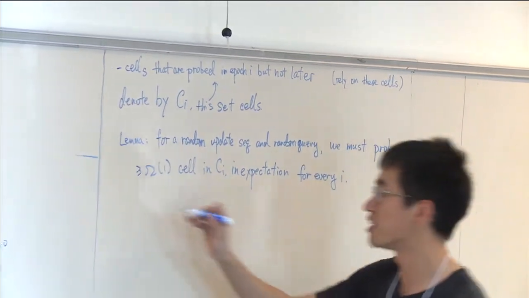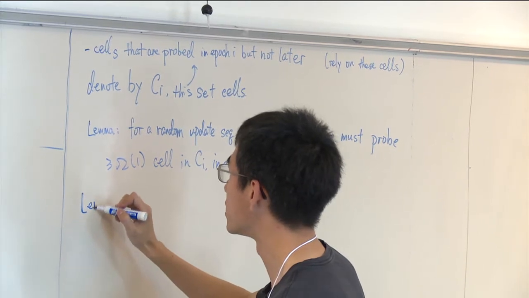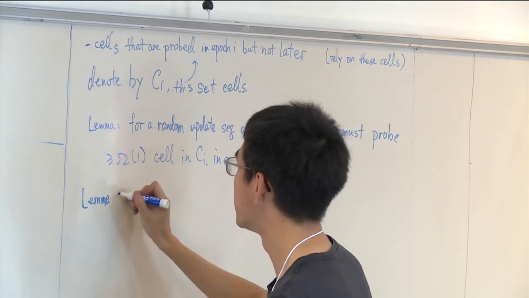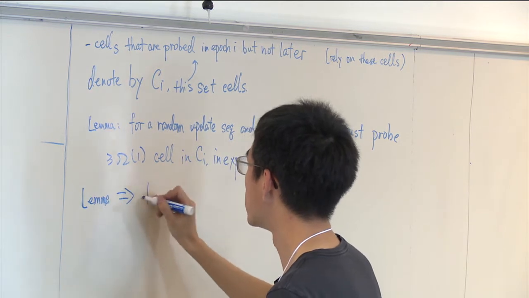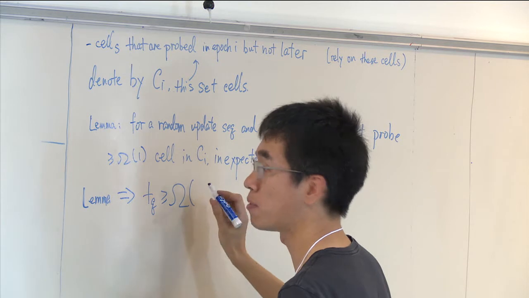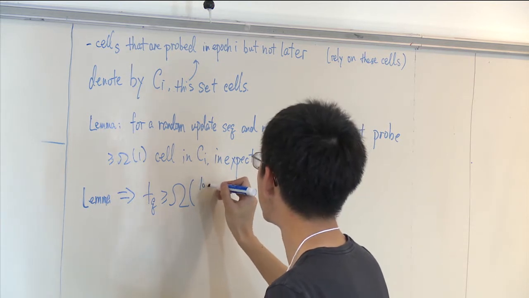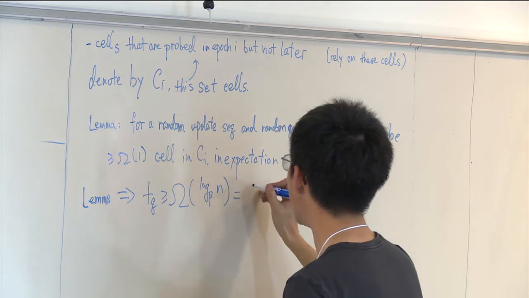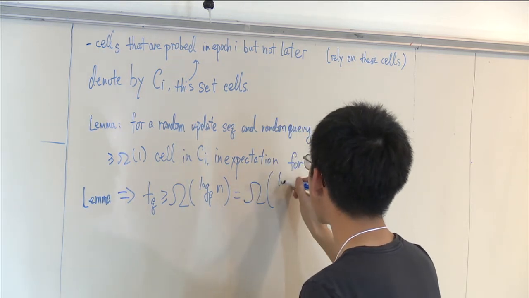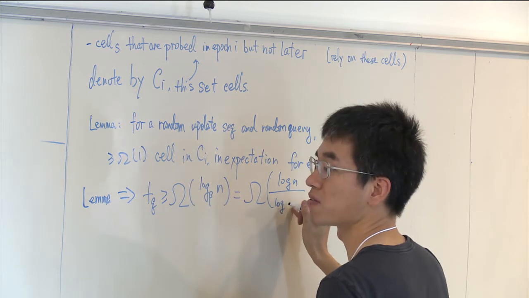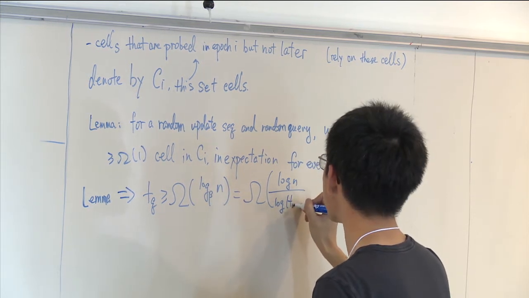So this would imply a lower bound that is proportional to the number of epochs. The lemma implies that the query time is at least omega of the number of epochs, which is log base beta of n, which is log n over log of beta, which is t_u times w.